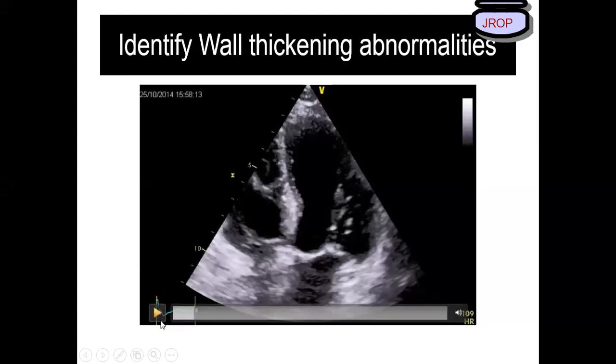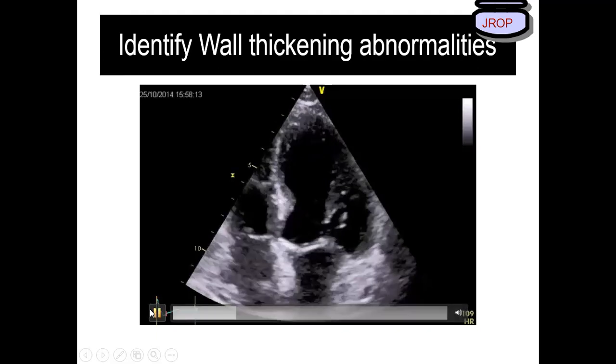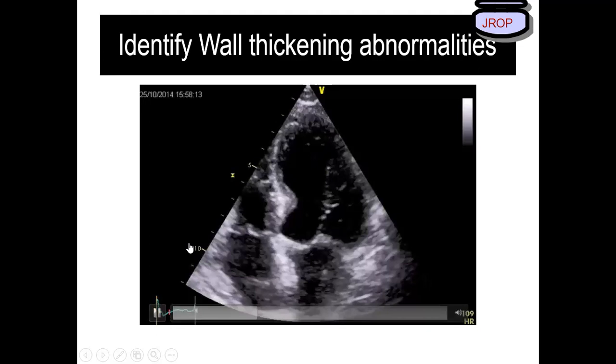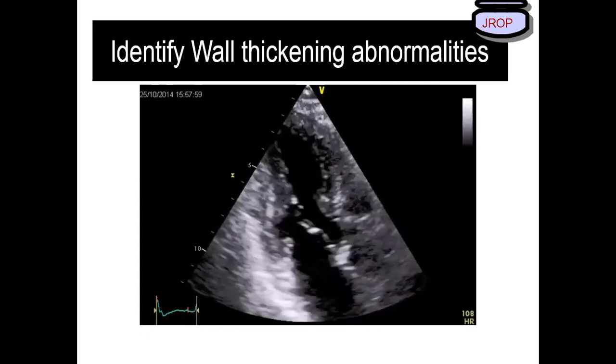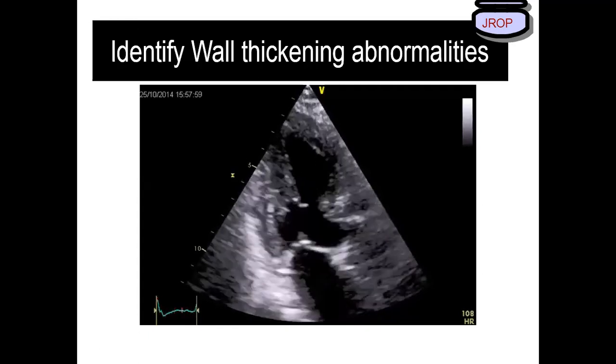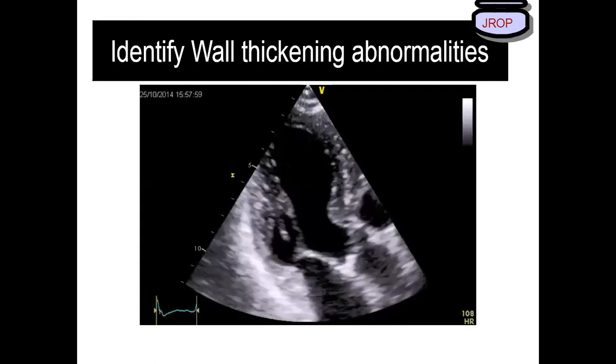Look, this is not the normal contraction of the septum. Now you got a 3-chamber view, which I wanted to show you. This is not the normal contraction of septum. What is the abnormality?